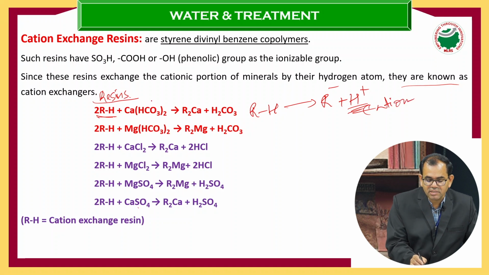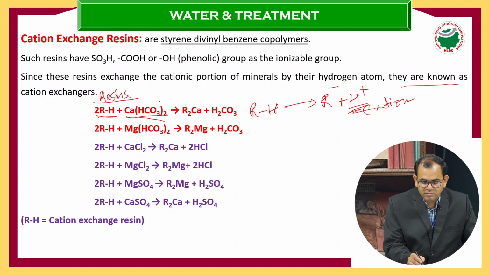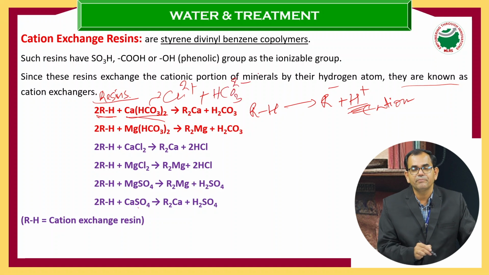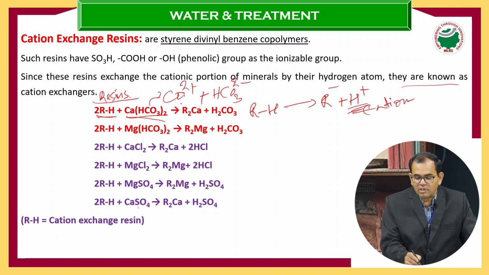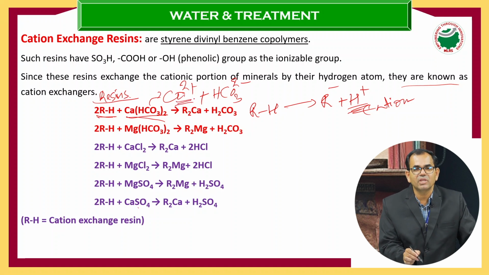Now let us see the salt. What is the salt? Calcium bicarbonate. How can this be dissociated? Ca2 plus and HCO3 minus. This calcium is the cation from the salt which is there in the water.